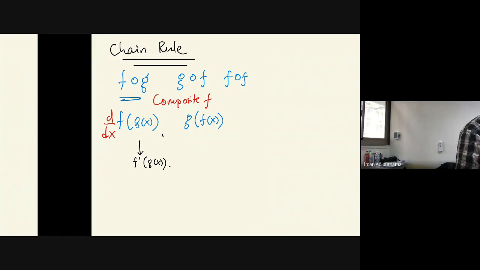Okay, and we need to multiply with g prime of x. That is what we are doing in the chain rule. Basically, that is what we are doing.